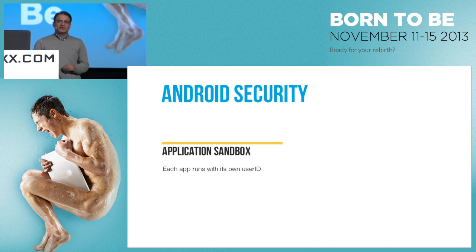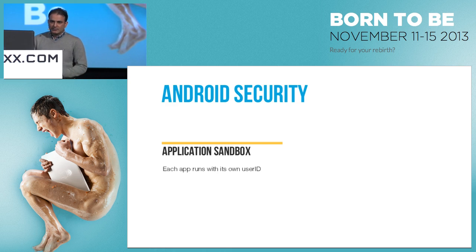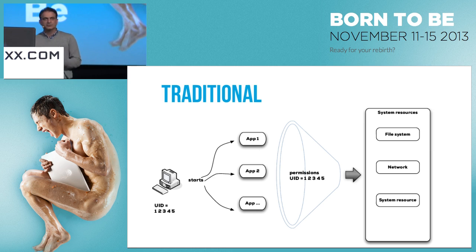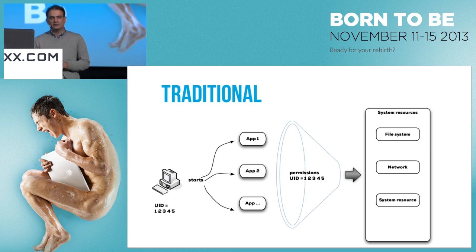But the picture is not that bad because Android provides sandboxing, which is more advanced than the traditional system. Every application runs in its own sandbox, so it has a very strong security basis. If you look at the traditional system, it looks something like this. You have your system resources, and there's a user with UID 123.